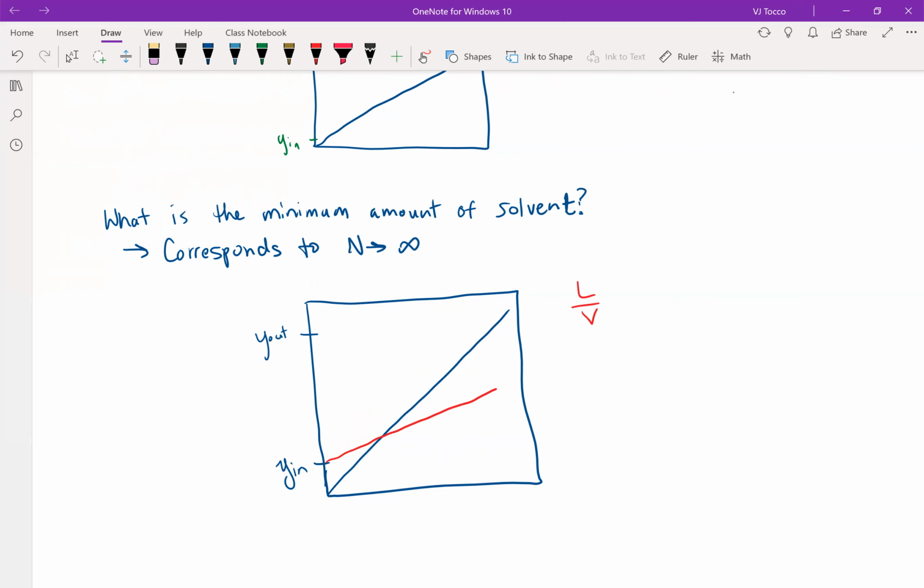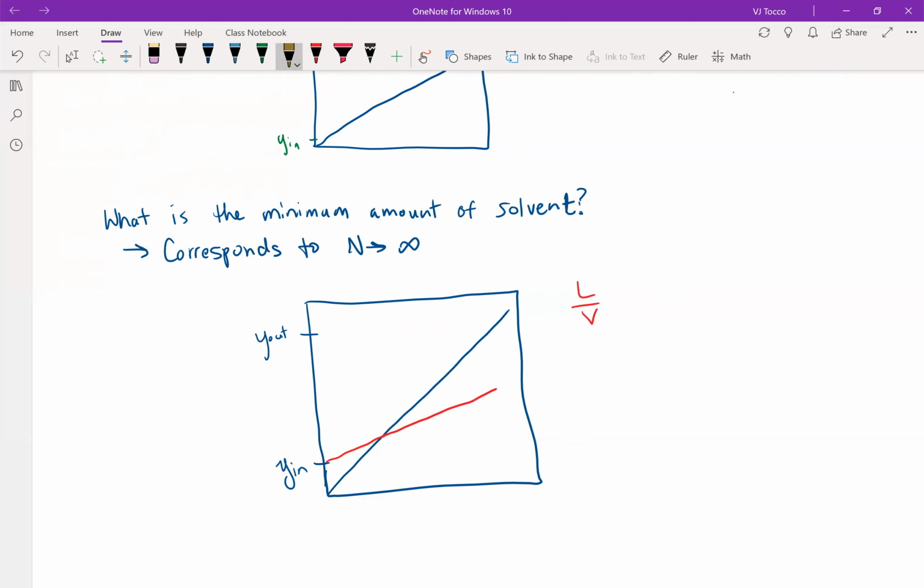So let's take, for example, let's erase the other 3 lines and say that this was my operating line. And it wouldn't make much sense because it's crossing over the equilibrium line. And you should realize that for a majority of those operating lines, unless I'm parallel or something, you're always going to intersect the equilibrium curve. It just might happen outside of the bounds of the plot. So what would happen here?